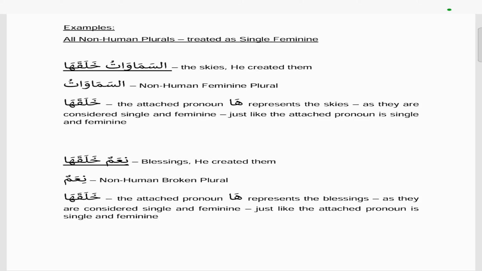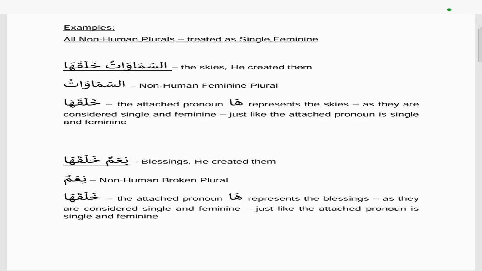It's feminine because if you look at the ending at the end, it's got an alif and a ta, just like the feminine plural ending, like mu'minatun. And it's a sound plural because the original word is still there, only extra letters have been added to the end. So it's a non-human feminine plural.